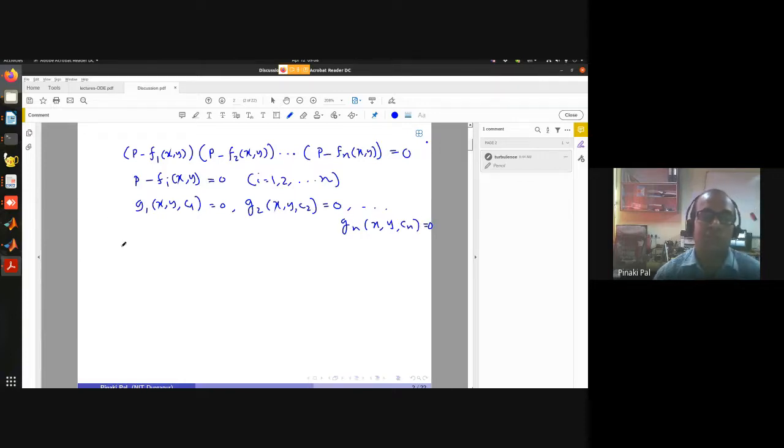Now we know that, although we have not formally proved it, for a first order ordinary differential equation there will always be only one arbitrary constant. We cannot have n number of arbitrary constants. Okay, we can prove it.